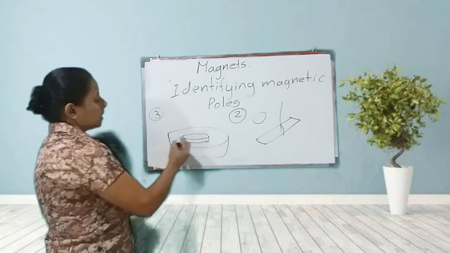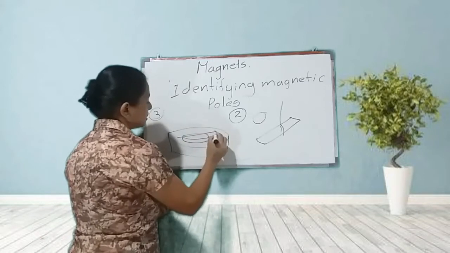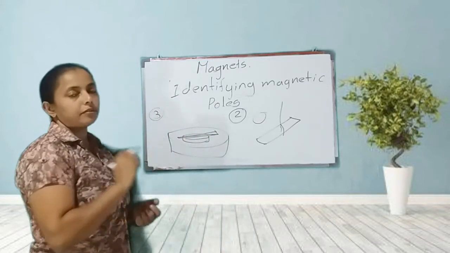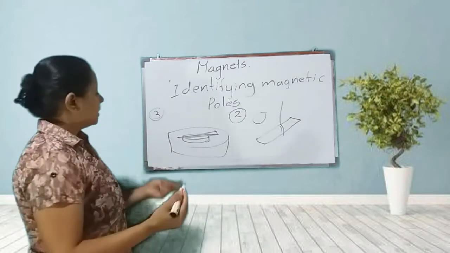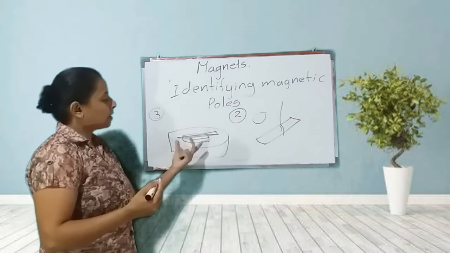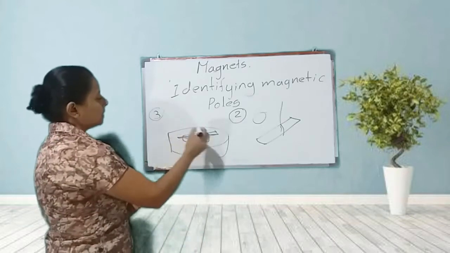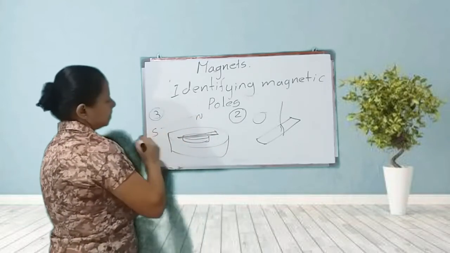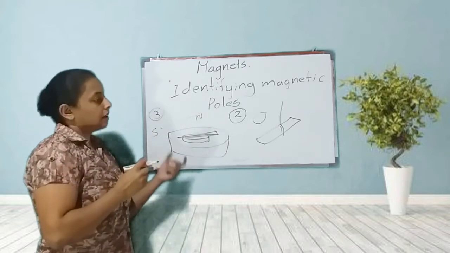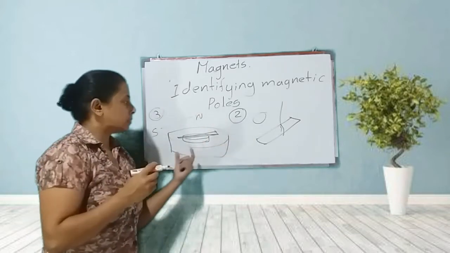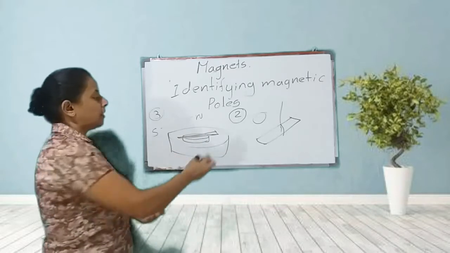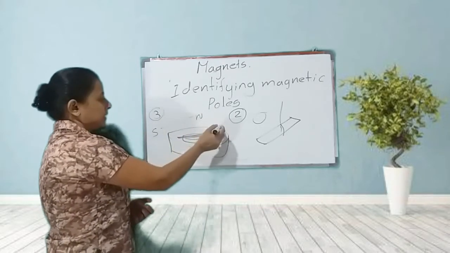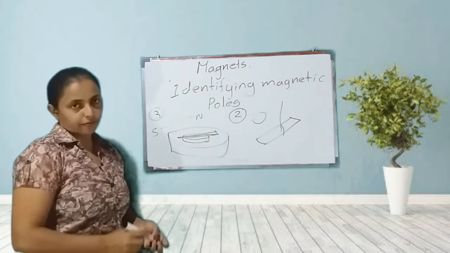Then keep the magnet on this plate and it rotates freely and stops in the earth's north-south direction. Again we use a compass to identify which end is north and which is south.